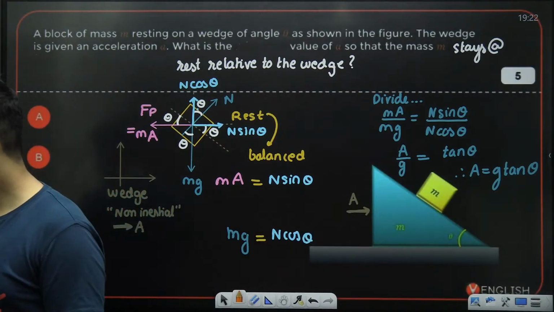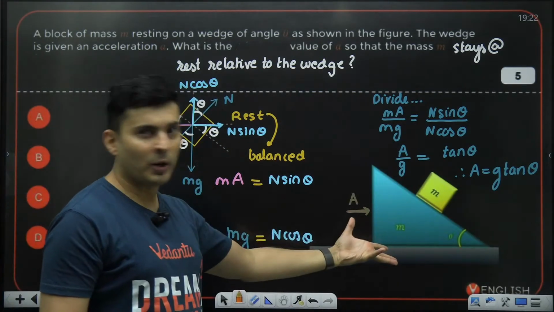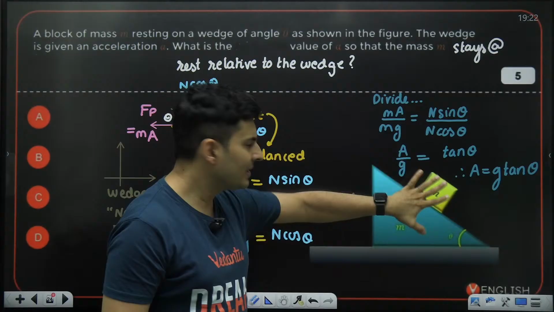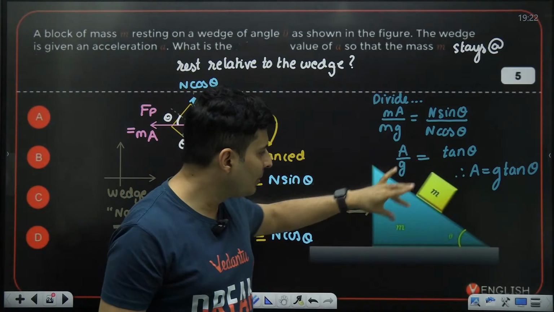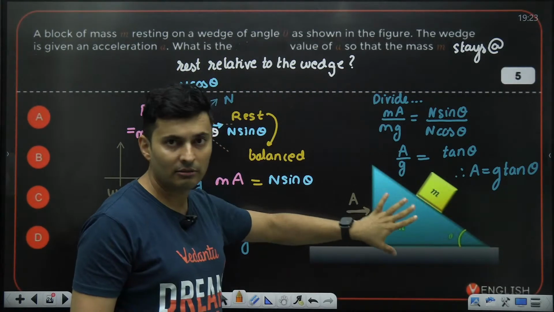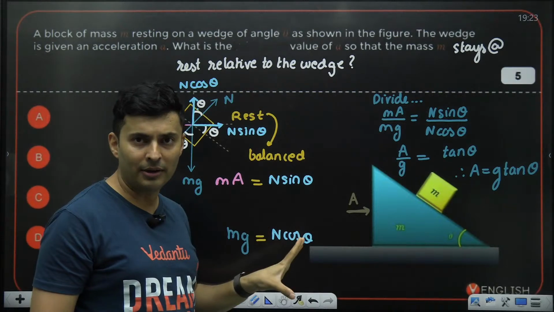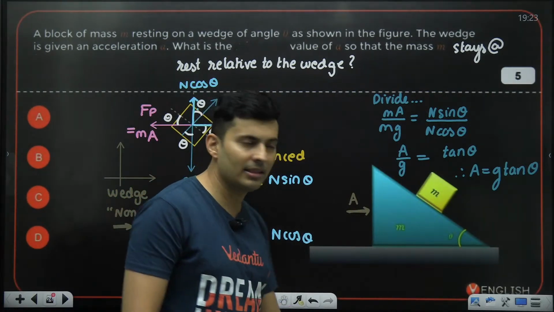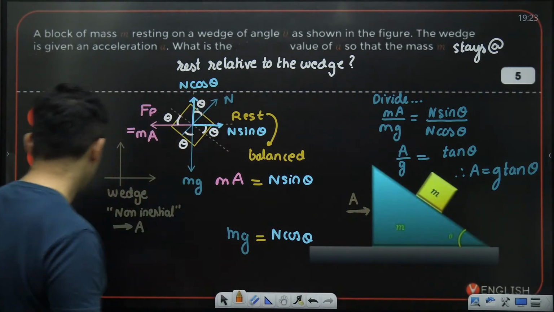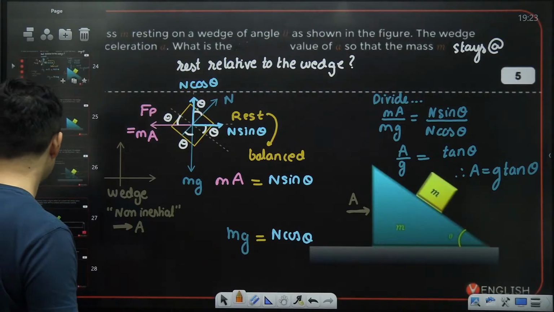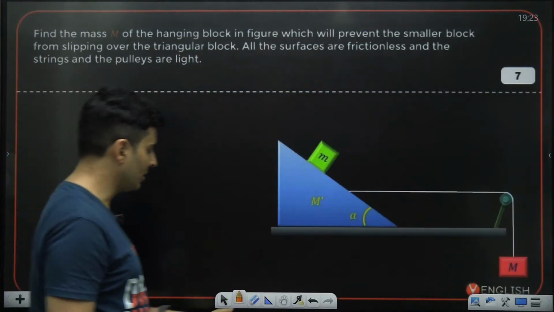Yes or no? And in this problem, did we figure out the same scenario where this block stays at rest with respect to the triangular block? And we figured out how much the acceleration should be? Yes or no?